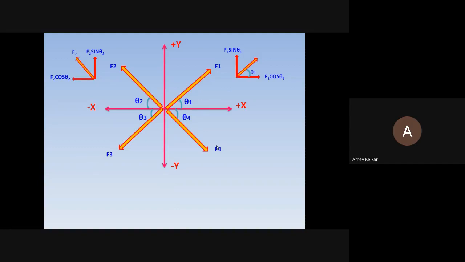Now this is the most important thing, and I have found that maximum students get confused here. You have to see the arrowhead. Where is the arrowhead going? Towards the positive x-axis. So the F1 cos theta 1 component will be positive. Now where is the arrowhead going with F1 sin theta 1, up or down?